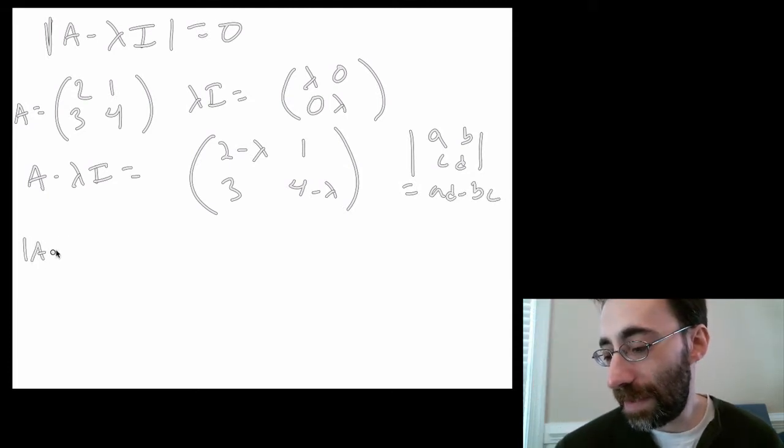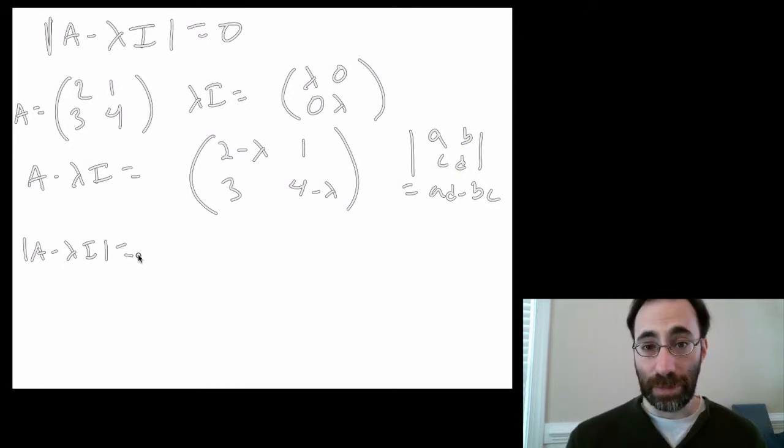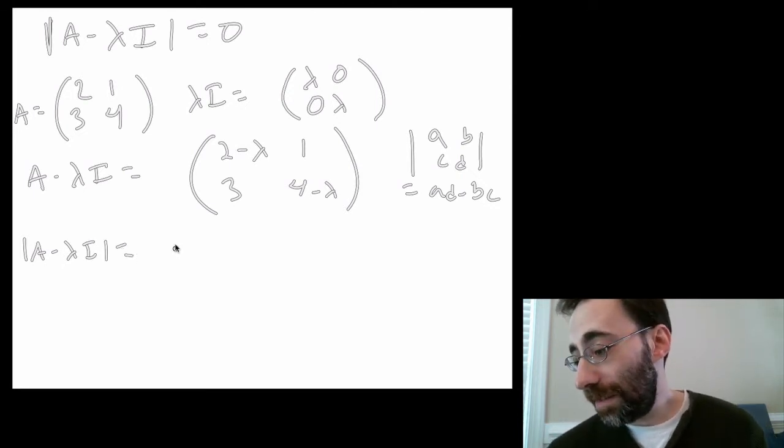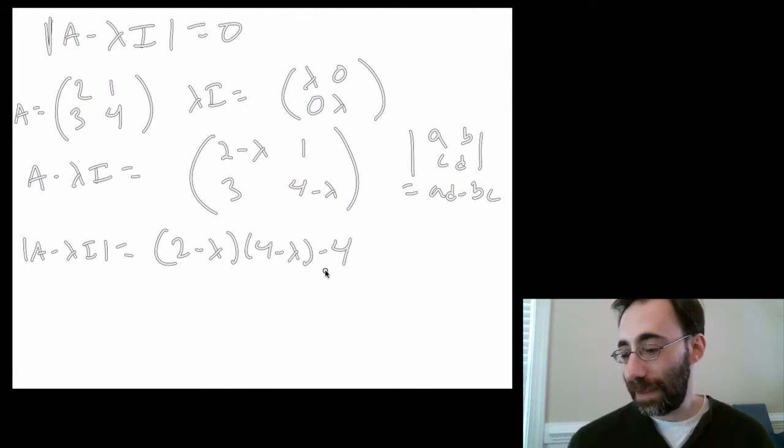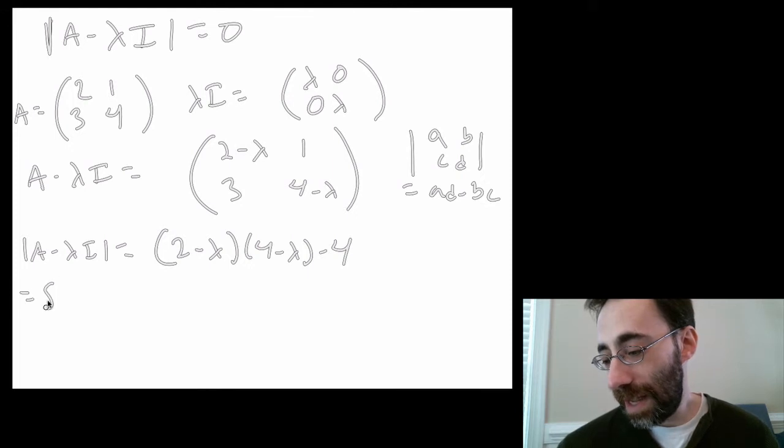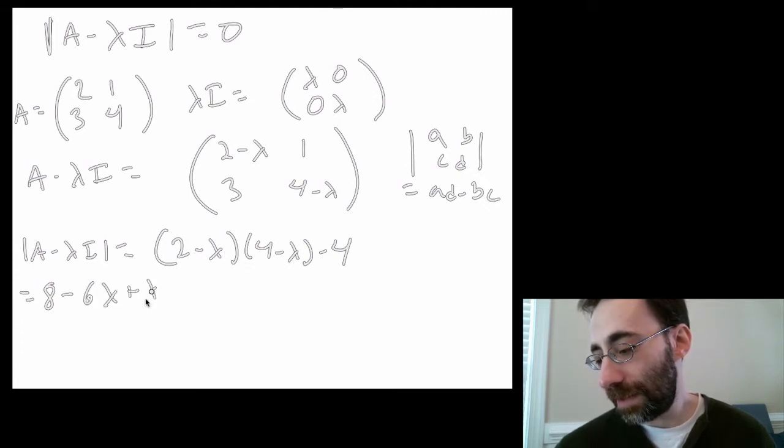So the determinant of A minus lambda I, and again, if you don't remember that, go back to your previous lectures, is going to be (2 minus lambda) times (4 minus lambda) minus 3. That gives you 8 minus 4 lambda minus 2 lambda, which is minus 6 lambda, plus lambda squared, minus 3 equals 0.